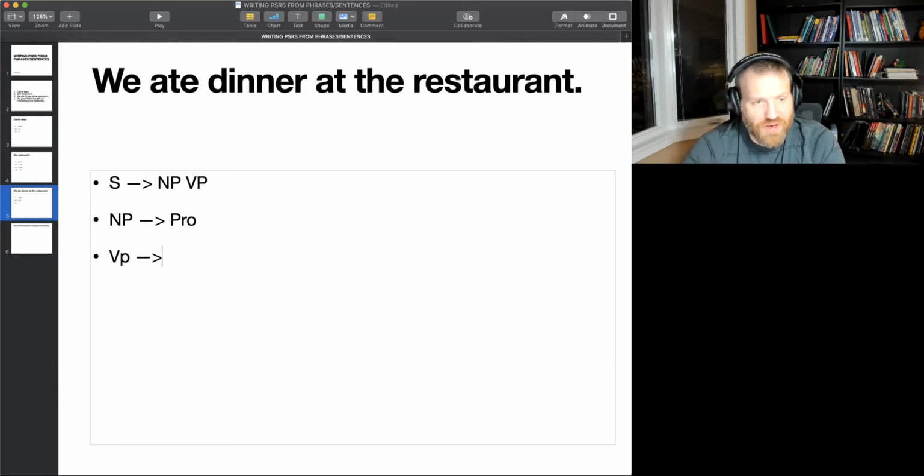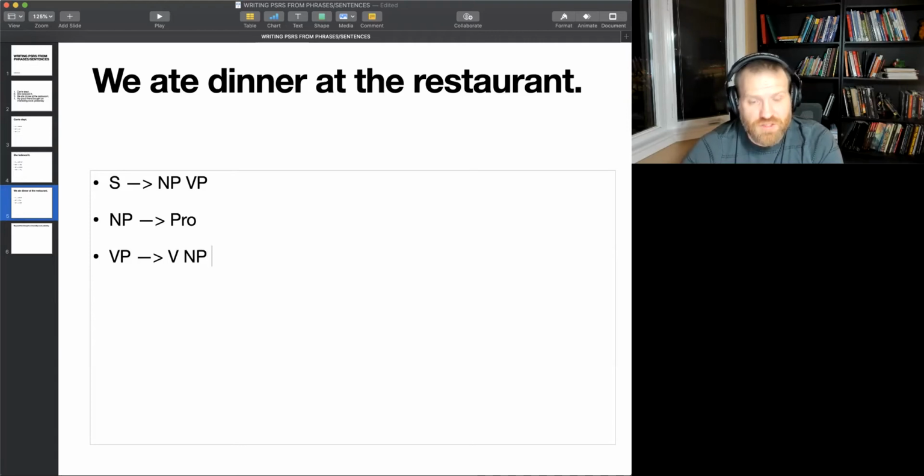Then let's break down the verb phrase into its individual components, and the verb phrase is going to have quite a lot of words. It's going to have the head, the verb, right? And then some phrases. So what did we eat? We ate dinner. So it's a noun phrase because it could be more than one word. It could be expensive dinner.